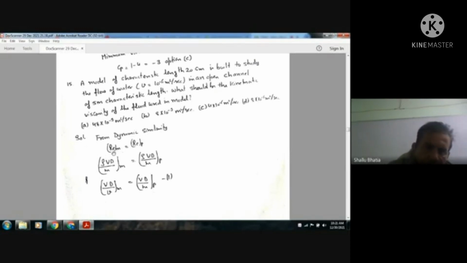The Reynolds number of the model is rho v b by mu m, and this is for the prototype. Changing mu by rho into kinematic viscosity, we have the characteristic length of the model as 20 centimeters, and the characteristic length of the prototype is 5 meters, and the prototype viscosity is 10 to the minus 6.